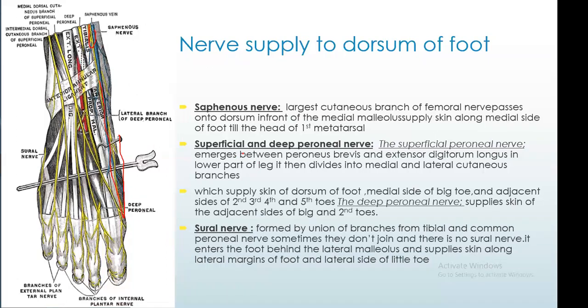Second is the superficial and the deep peroneal nerves. The superficial peroneal nerve emerges between the peroneus brevis and the extensor digitorum longus in the lower part of the leg. It then divides into medial and lateral cutaneous branches. Lateral branch and here is the medial branch.